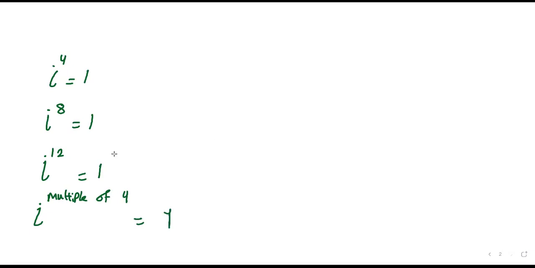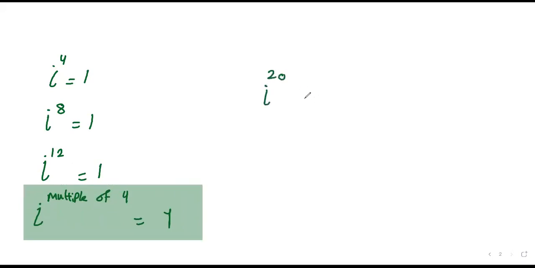That's it. So when I say i to the power of 20, without thinking, 20 is a multiple of 4. So it equals 1 directly, because 20 is divisible by 4. So we write 1.